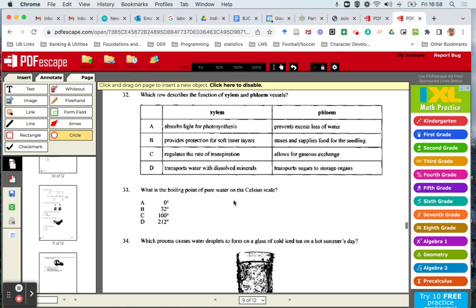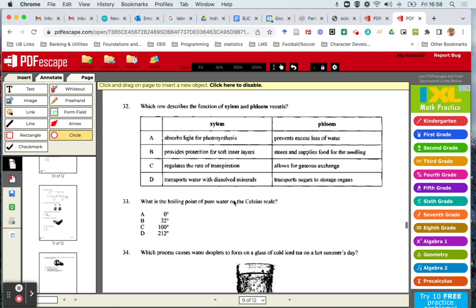Question 32. Which row describes the function of xylem and phloem vessels? These are vessels in the stem of a tree, and they transport water with minerals or water with sugars.